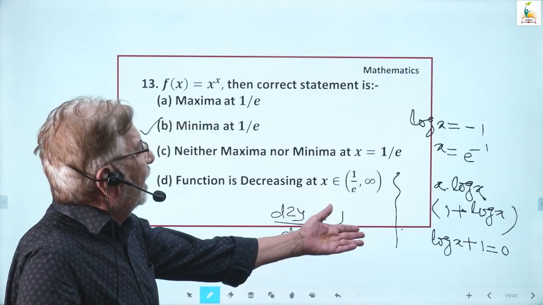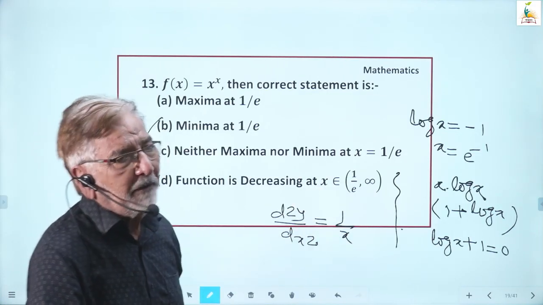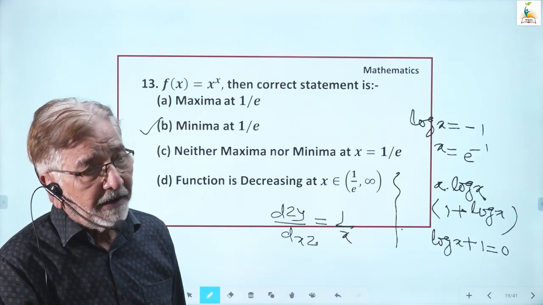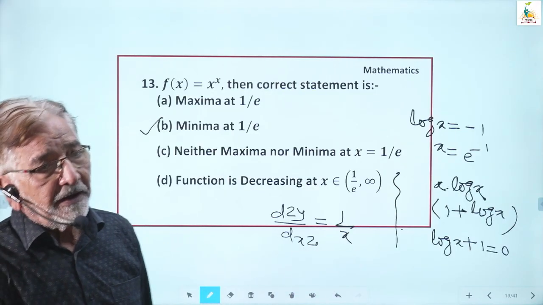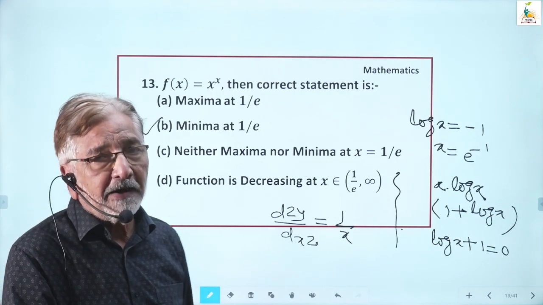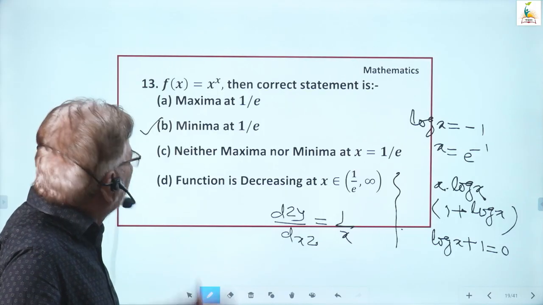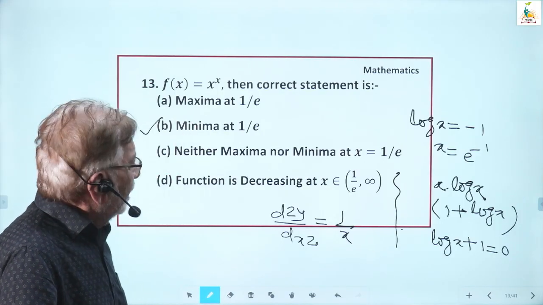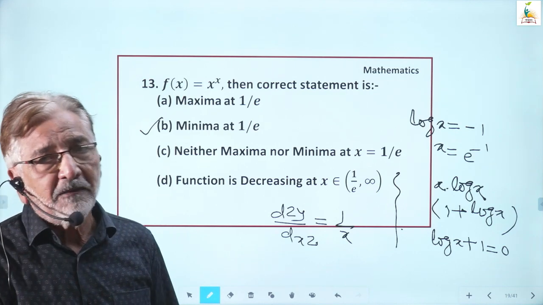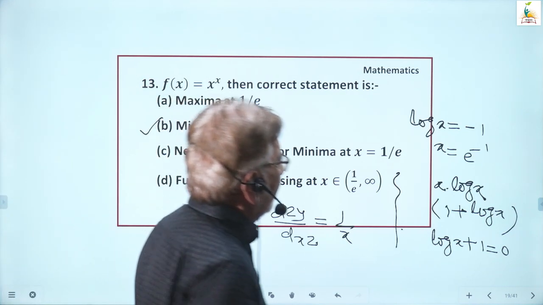You can do it by putting left of 1 upon e and right of 1 upon e. You will see that the function changes its sign from negative to positive. So this will be minima at 1 upon e. Second order derivative, I have written d2y by dx square, that we shall study in the next part by second order derivative method.